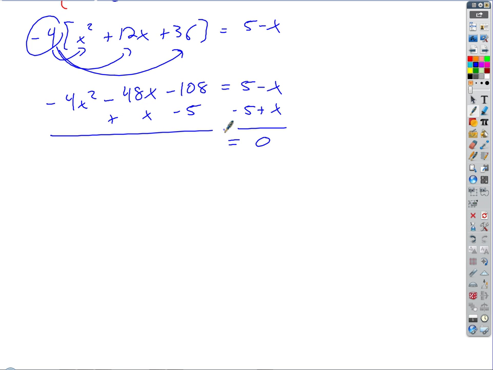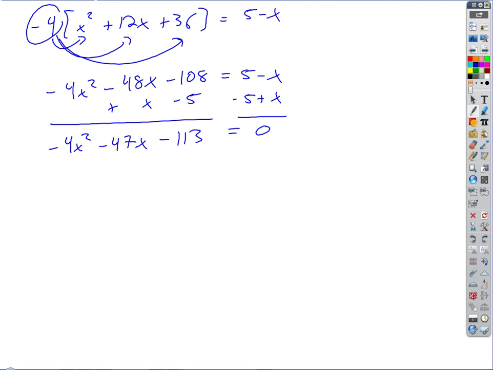On the left, we get negative 4x squared minus 47x minus 113. Okay, this is something I want to really point out here. We never want to have a negative value of a.